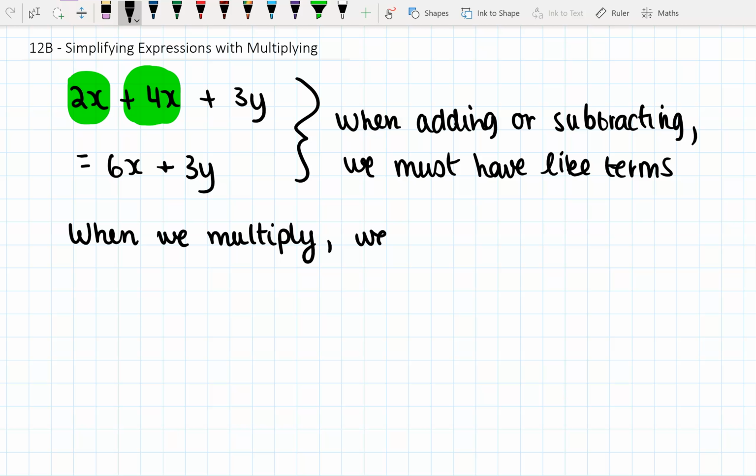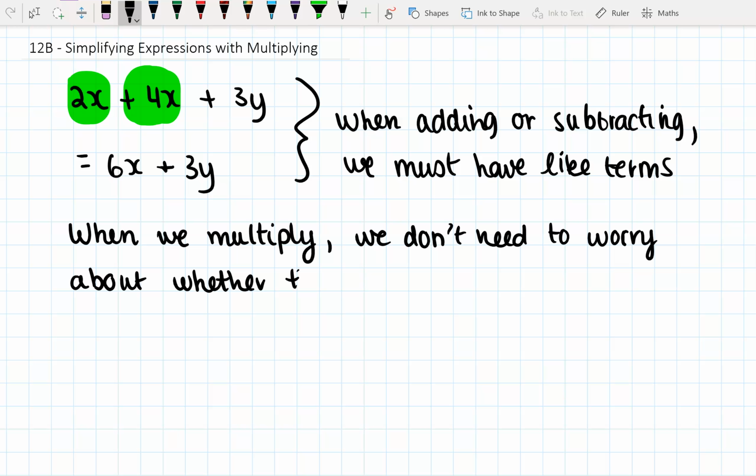So we don't need to worry about whether they are like terms. It really doesn't matter. We can just multiply anything we want.